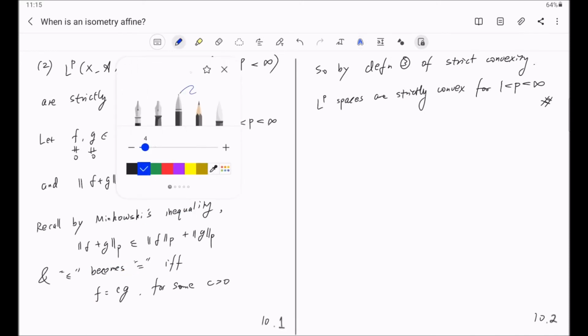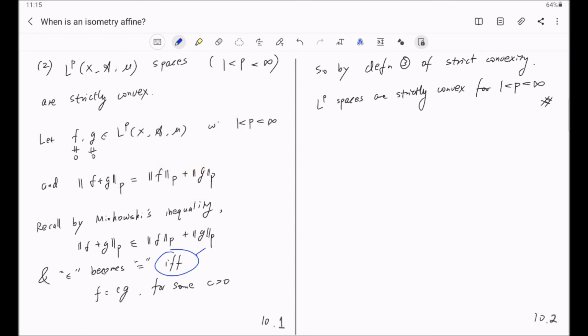So let me remind you that this part can be obtained by looking at Folland's Real Analysis, second edition, page 182 to page 183, sections 6.2 and 6.3. Section 6.2 is about Hölder's inequality, and section 6.3 is about Minkowski's inequality.